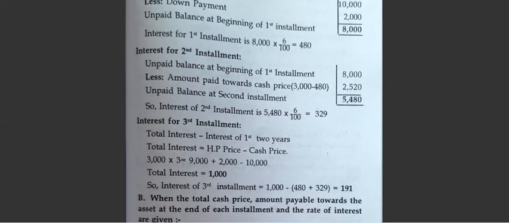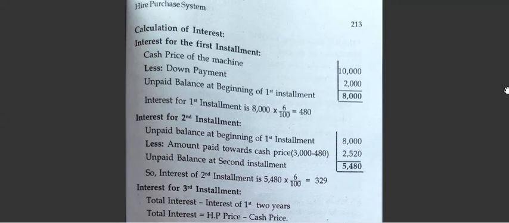So calculation of interest, understood, right? First cash price, deduct the down payment, you will get what is remaining. On that calculate interest, 480. What is the interest on the second installment? What is unpaid balance? 8000 less amount paid 3000, last year's interest 480, 2520 deduct, you will get 5480. Calculate interest 329.